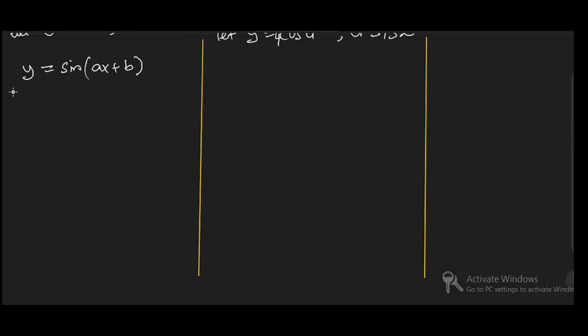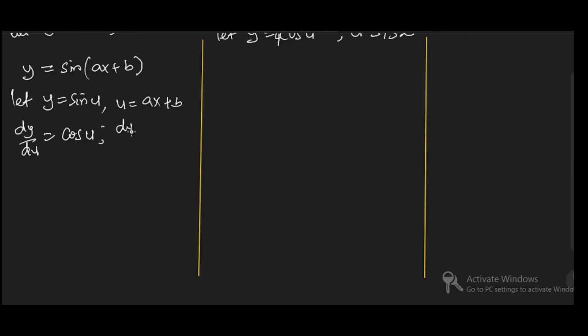So still we say let y be equal to sine u, and here our u is that entire expression, which is ax plus b. So dy/du, when you differentiate sine, we get cos u.